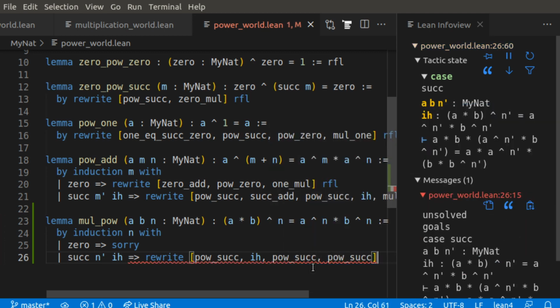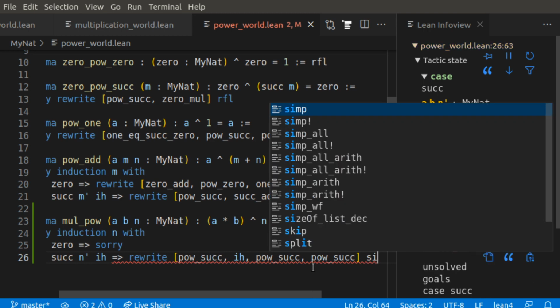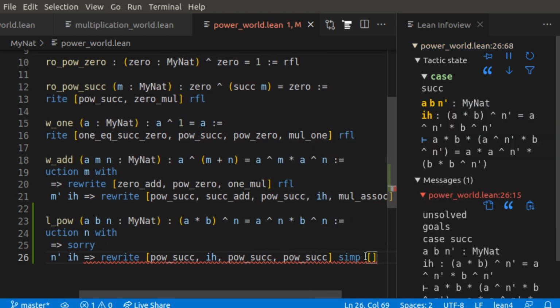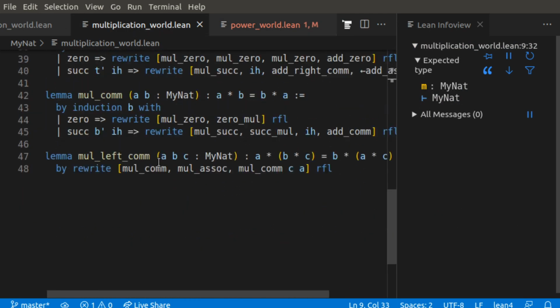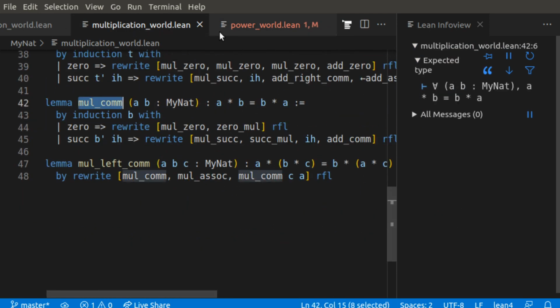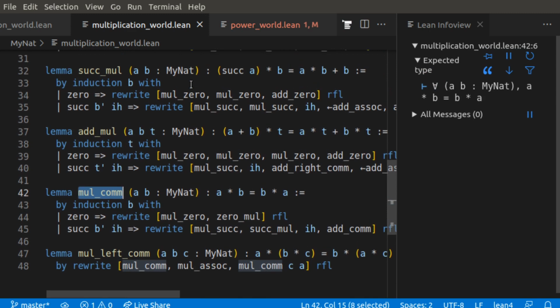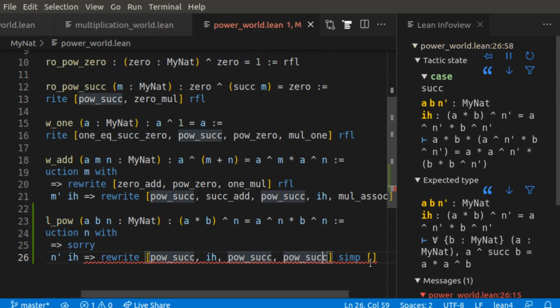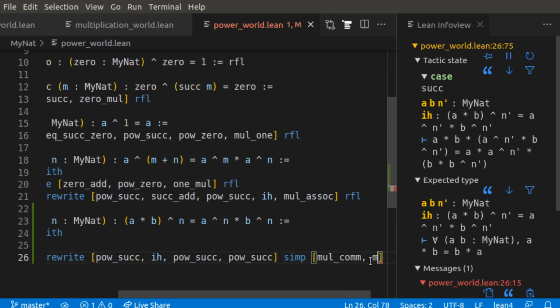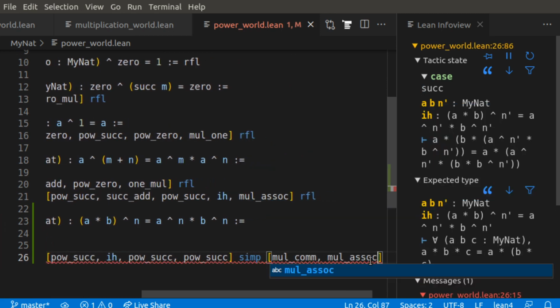Okay. Now this is just moving terms around and moving parentheses around. So I think we could maybe do simp, and then we want, from multiplication world, mul_comm and mul_assoc. Mul_assoc?